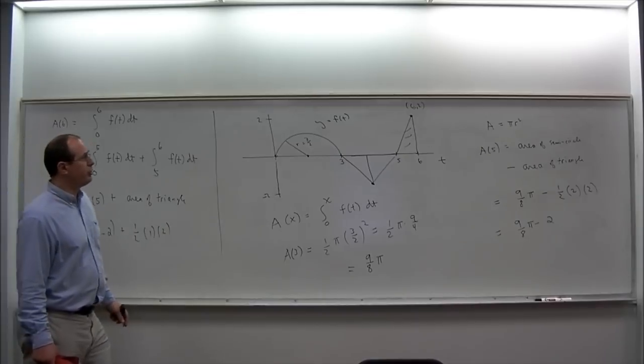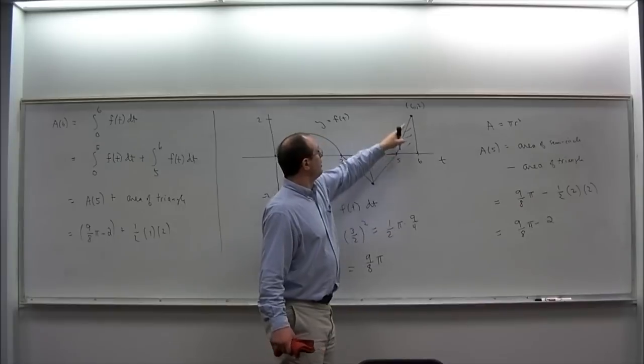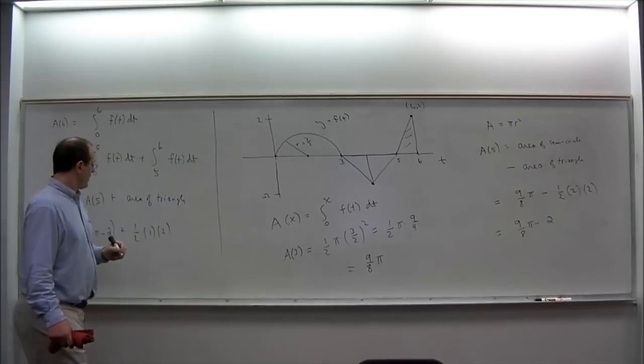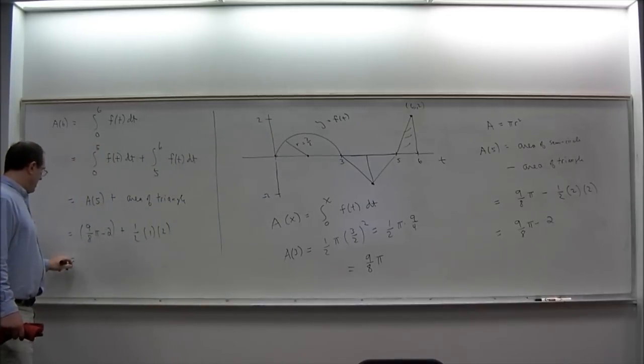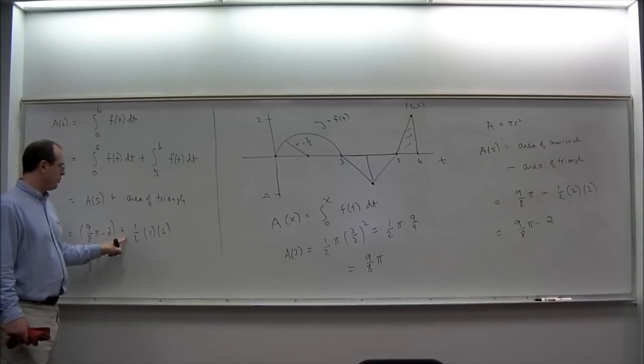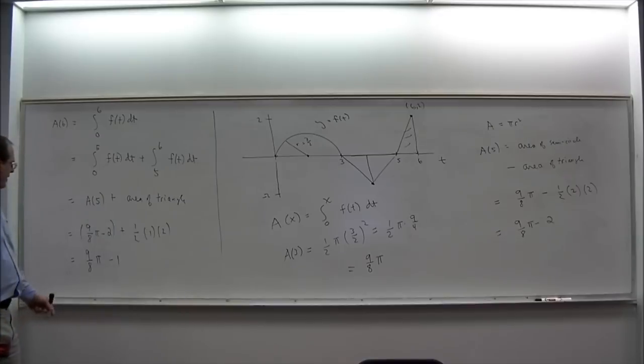The base is 1 unit from 5 to 6, and the height is 2 units, because that's the point 6 comma 2. And so this is 9/8 pi minus 2 plus 1. So that's minus 1 altogether, 9/8 pi minus 1.